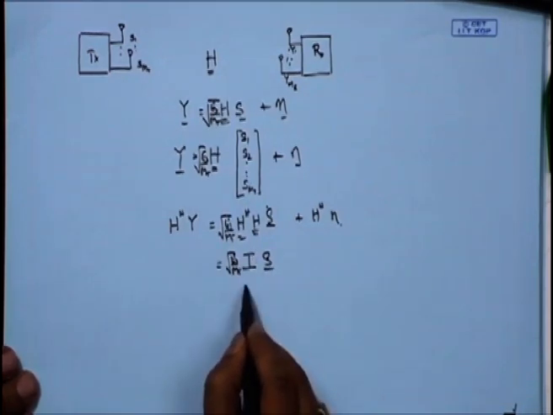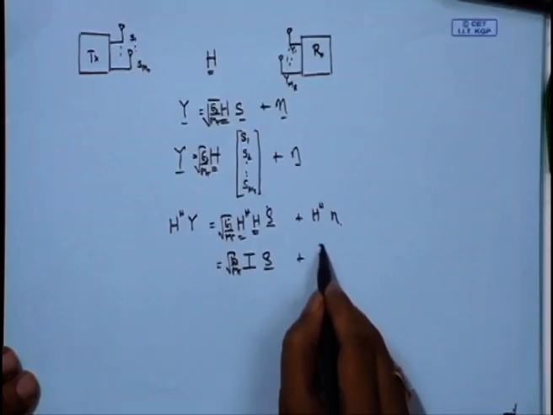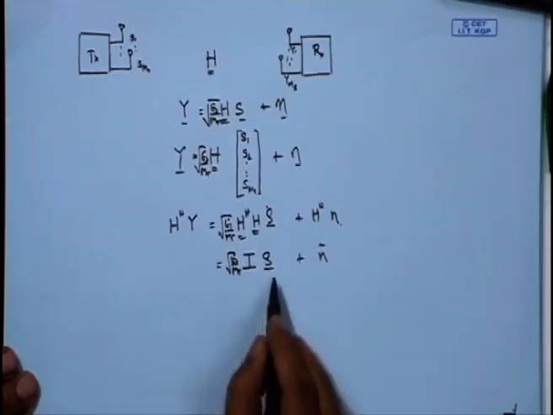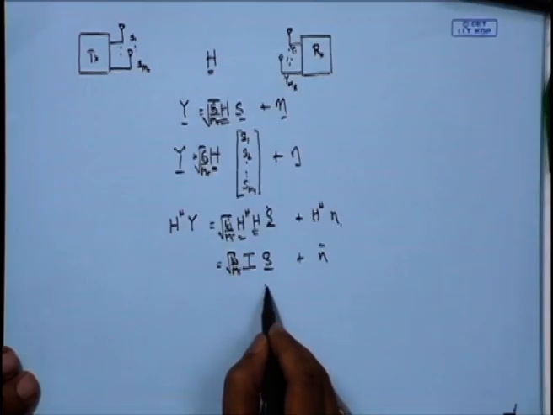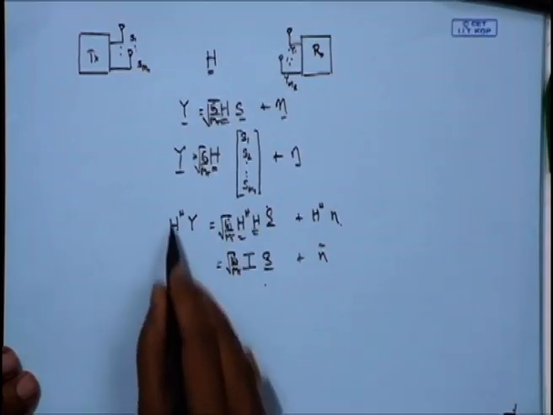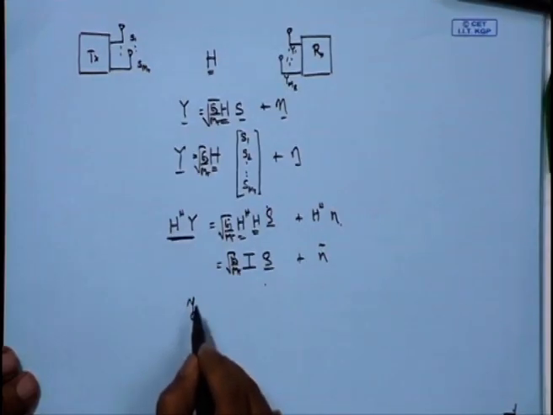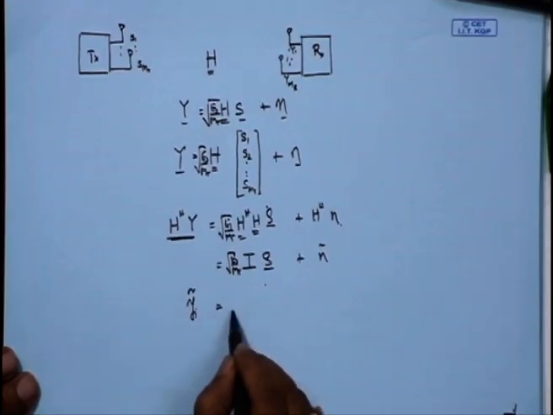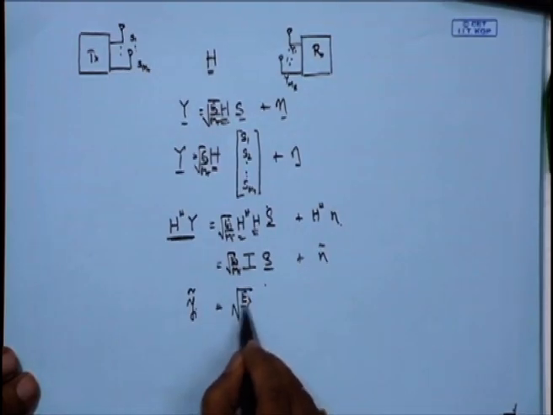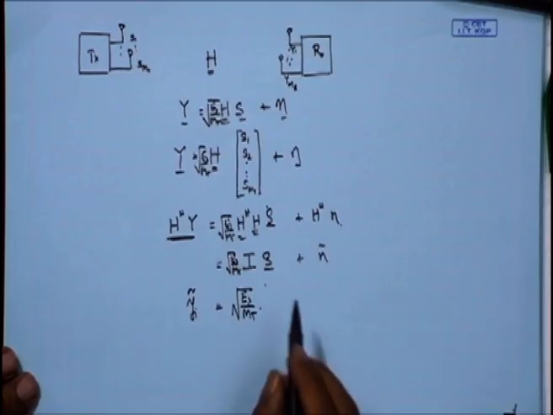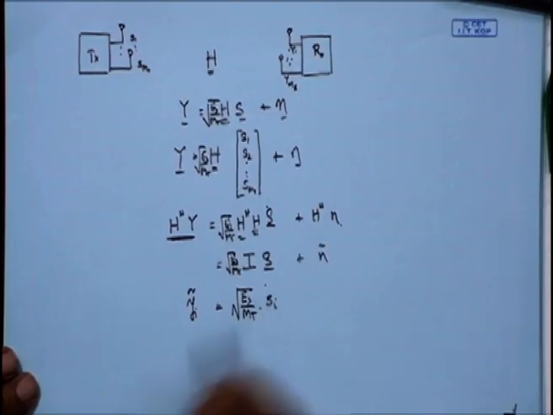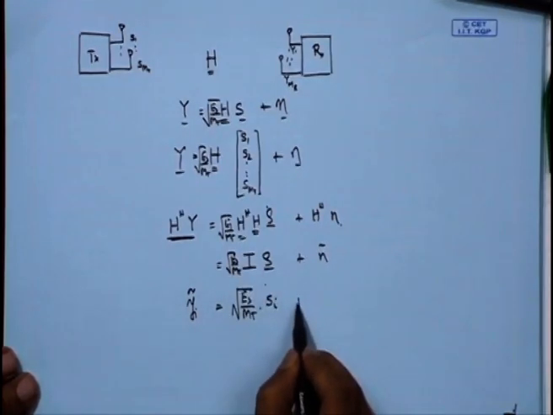So, when we expand, this will be H tilde, n tilde. What we have over here is a diagonal matrix. So, for each one that we receive, we would write Y_i tilde is equal to root over Es over MT times S_i plus n tilde i, because it is a diagonal matrix.